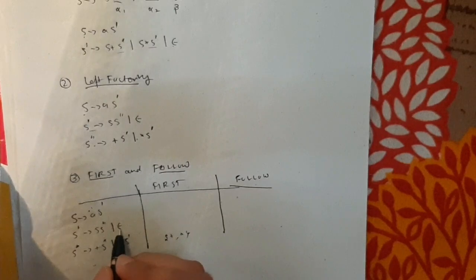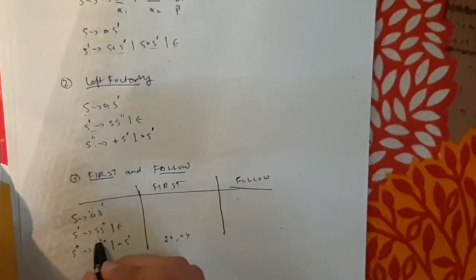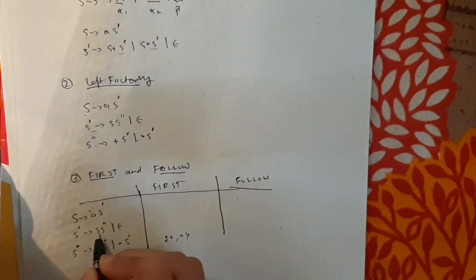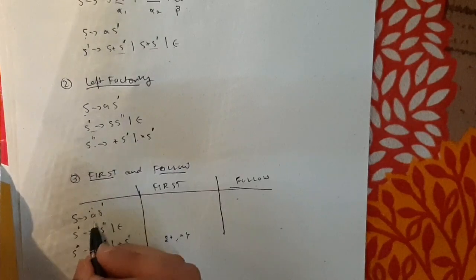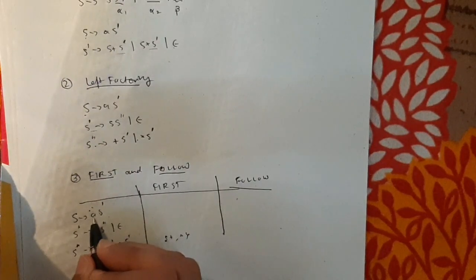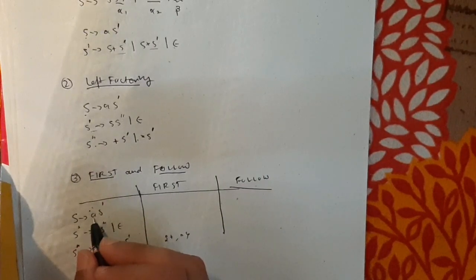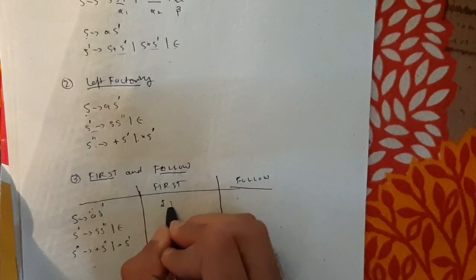But wait, here the first letter is a non-terminal, so we'll stop, don't do anything; what to do with a non-terminal, I'll tell later. Then go to S: S is also not defined yet. Whatever you can do first, do that, meaning where there is a terminal, do that first. Here it is a non-terminal, we'll look later. This is a terminal and the first letter, so write it as a.